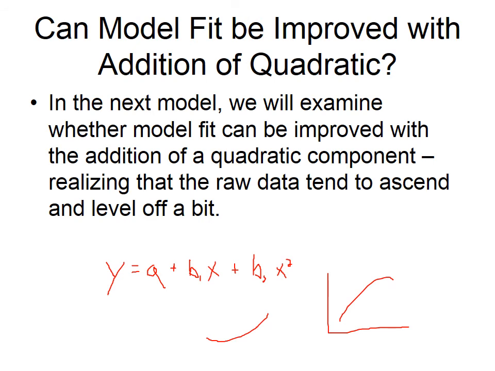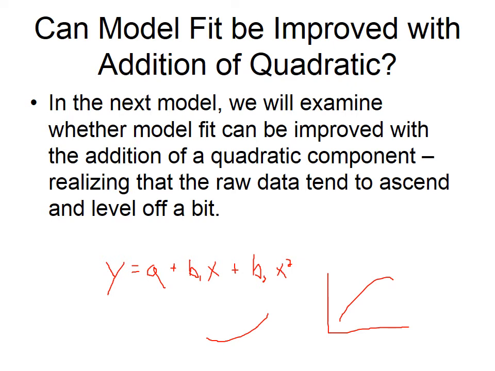So here, let's try a quadratic component. What we're going to try to fit is just the simple equation: y equals a constant a, plus our first slope, our linear relationship, plus our x variable squared.